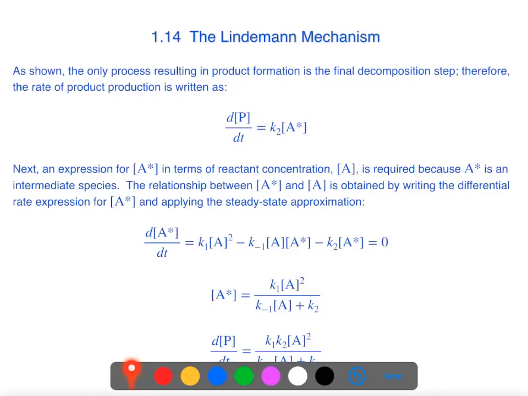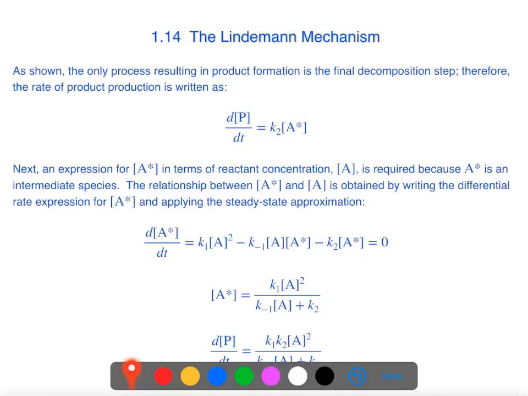Therefore, the rate of product formation can be written as follows, where it is equal to the rate constant k2 and dependent upon the concentration of the activated reactant. Similar to what we've seen with our steady state approximation questions, where we are trying to devise a rate law expression for a complex reaction mechanism, we'll apply the same sort of process here.